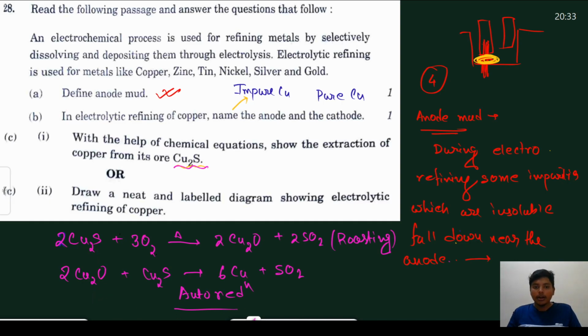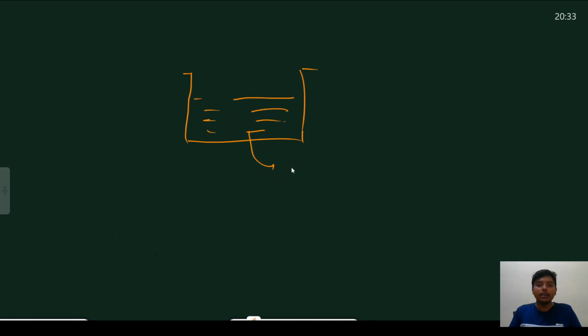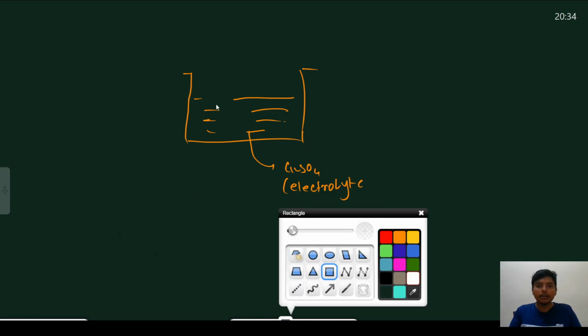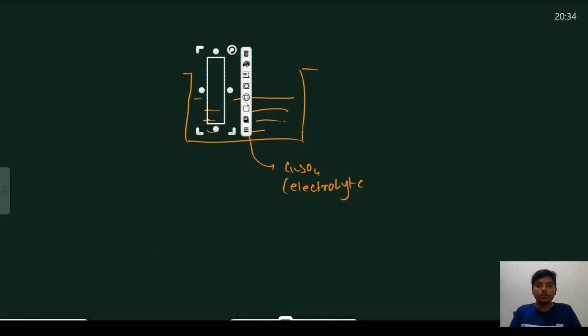Understood? Next, in the OR question, what they give? Draw a neat and labelled diagram showing electrolytic refining of copper. So here you have to draw the diagram properly and show it. So you will take an electrolyte. What electrolyte will you take? CuSO4. In that CuSO4 you have to write that it is an electrolyte. Then you have to show the electrodes there.